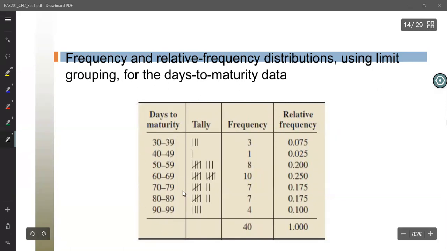Now this is one way to prepare the intervals, in groups of 10s. But if you want, you can prepare groups of 15 or maybe 5s. So there's no exact rule or theory saying how many intervals you can have for a given data set, or the width of the interval.